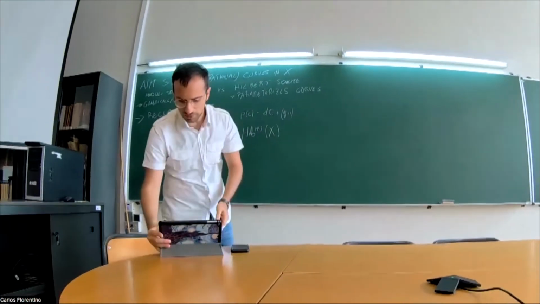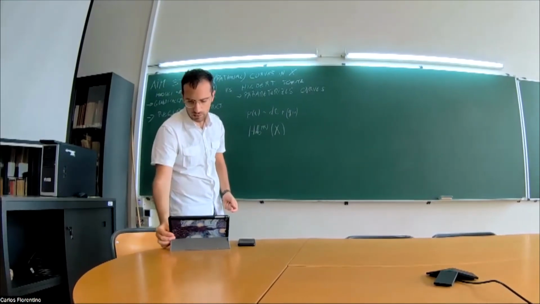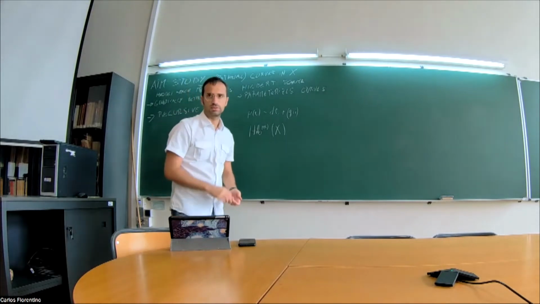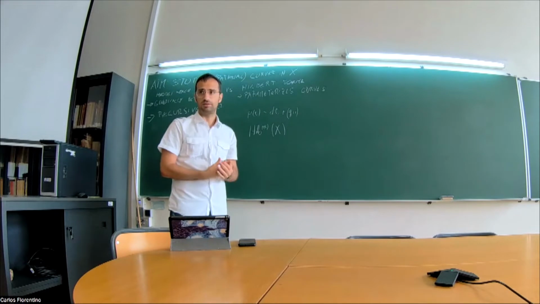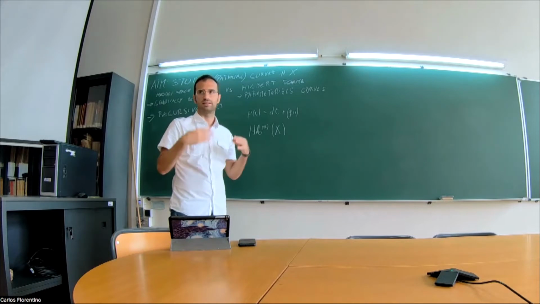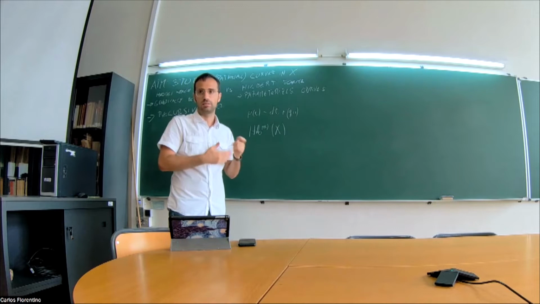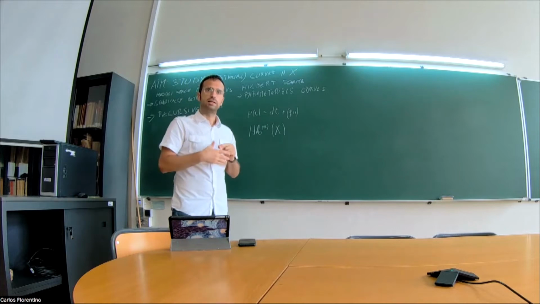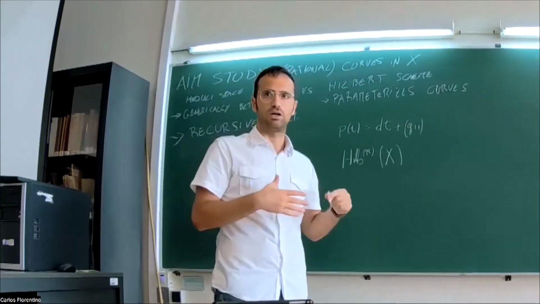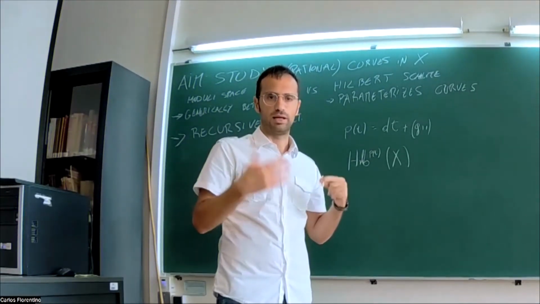Okay, as I promised, today we will focus only on the case of genus 0, because it is the best behaved. It is when you start to understand the cases of higher genus, which are far more complicated, and it has given us a lot of successes.